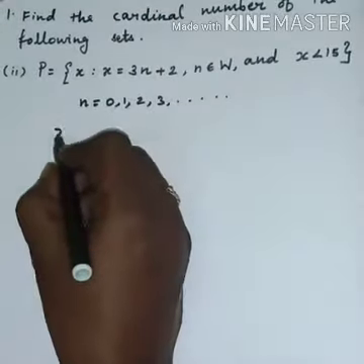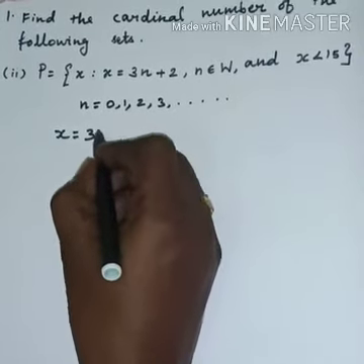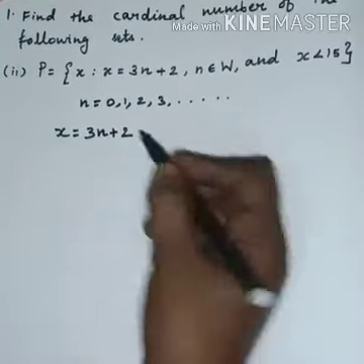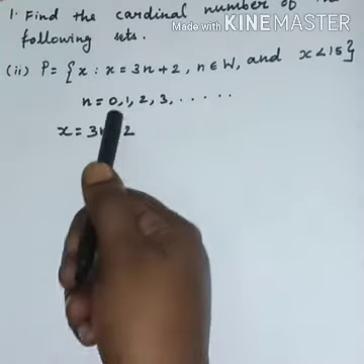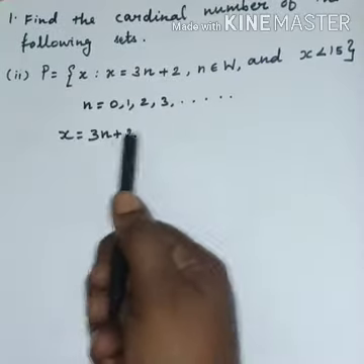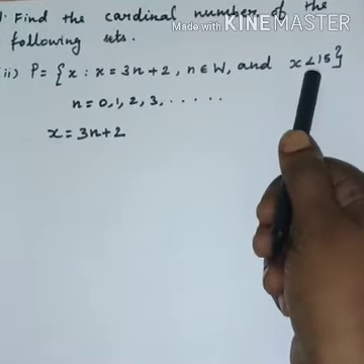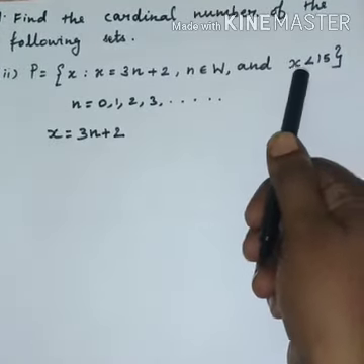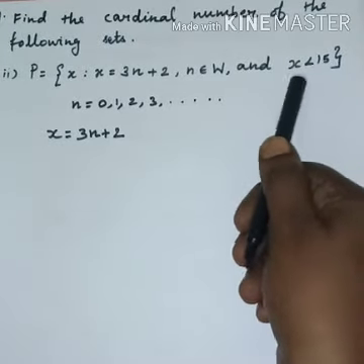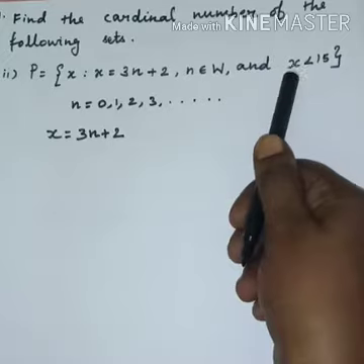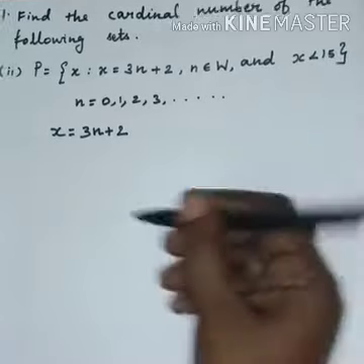What is x? x is equal to 3n + 2. We have to find the value of x by substituting the n values, and the x values cannot exceed 15. Up to 14 only we can take the x value, because the condition is x is less than 15.